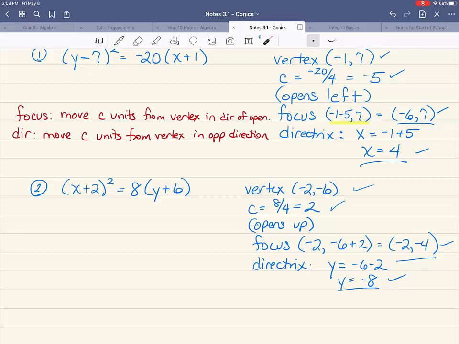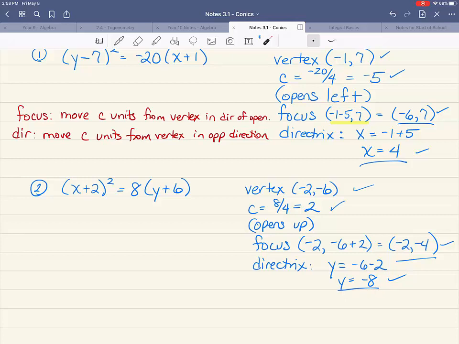And since up is a y direction, we're going to be adding 2 to the y. So it's (-2, -6 plus 2), which is (-2, -4). The directrix, because y changed, it's y equals. And it's going to be -6 minus 2, which is y equals -8.